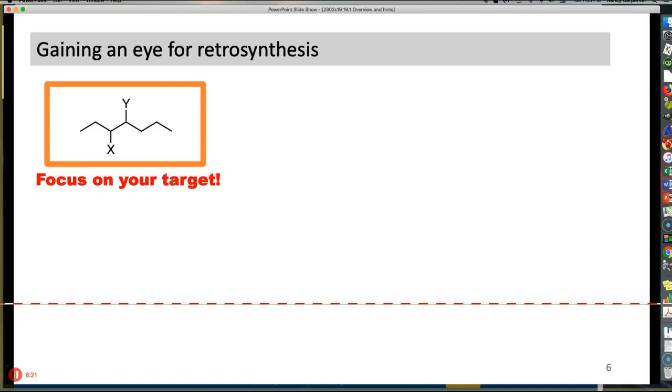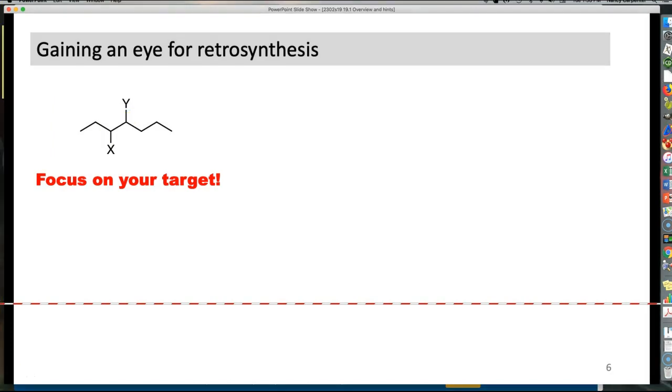The huge hint is that you have functionality on carbons that are right next door to one another. 1,2 functionality is a big hint. So that's telling you that somewhere along the line, it's very likely that you're going to want to use maybe an alkene or an alkyne, which also has that 1,2 relationship, as one of your starting materials in these syntheses.